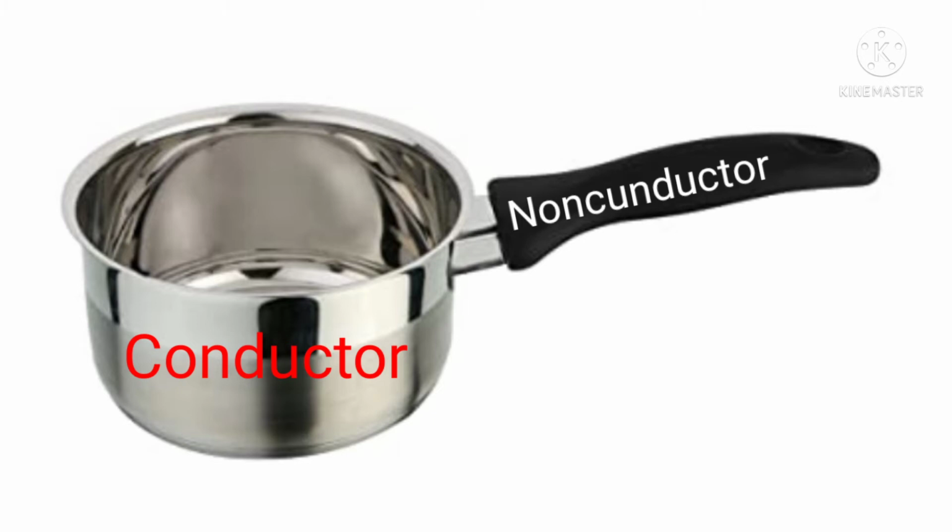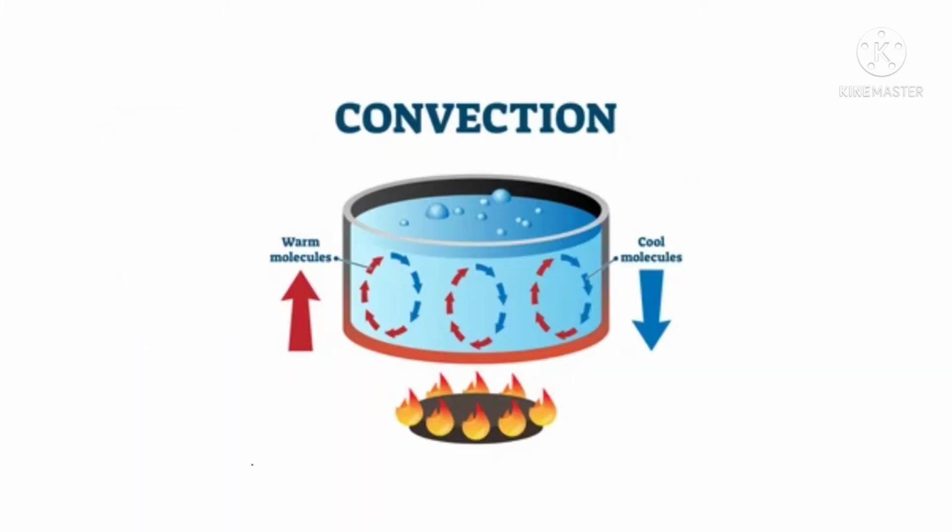Now let's come to convection. When liquids and gases are heated, the heat is carried from one part to another by the actual movement of hot particles. This movement of particles due to the temperature difference between different parts of the same substance is called convection.